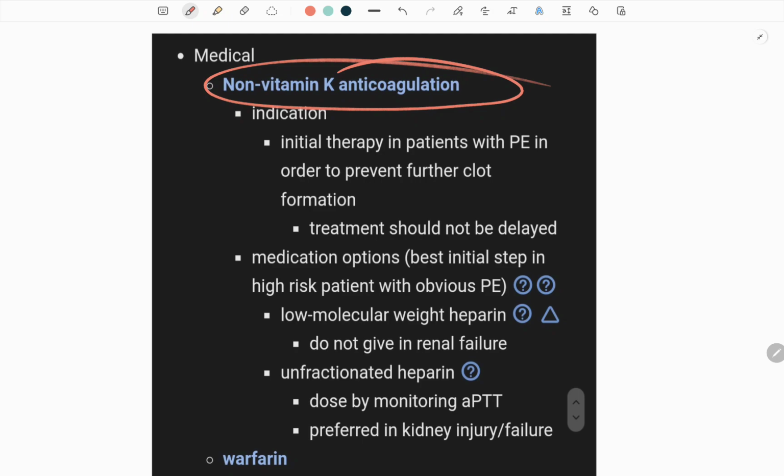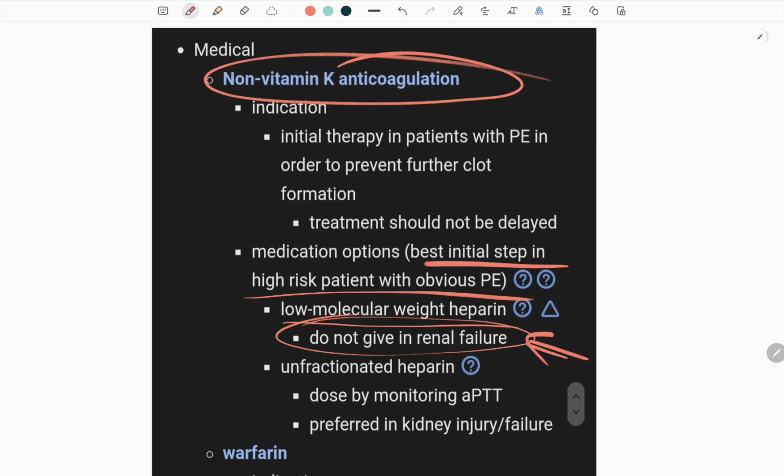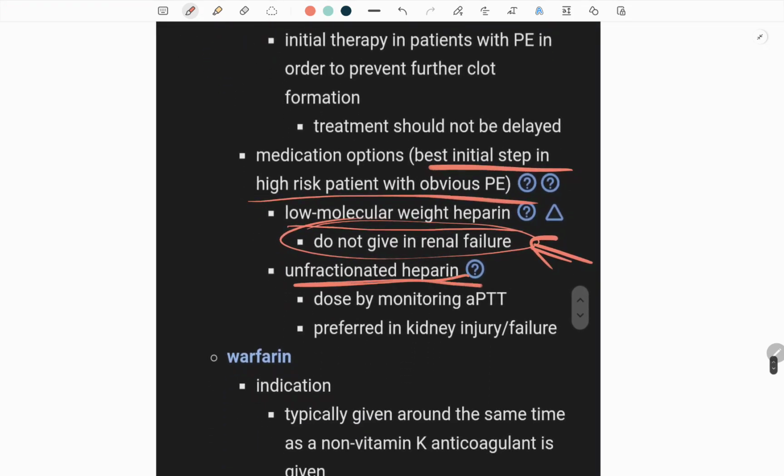Among the medical options, the best initial step in a high risk patient with obvious PE, you could go with low molecular weight heparin, but just remember do not give it in renal failure. If the patient has renal failure, do not go for low molecular weight heparin. There is unfractionated heparin. Its dose is monitored by the aPTT and it is preferred in renal injury or renal failure.